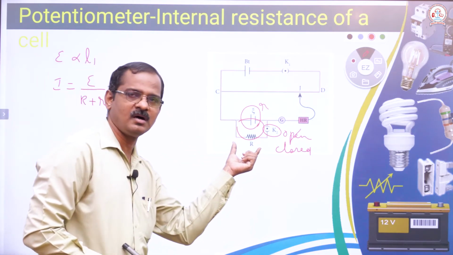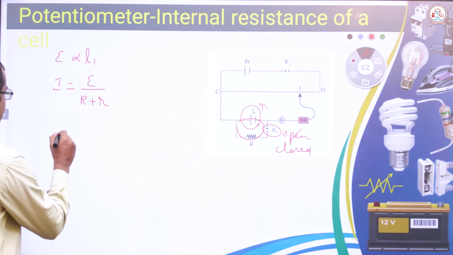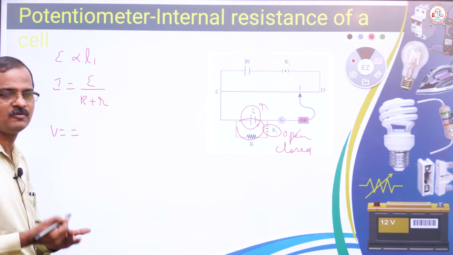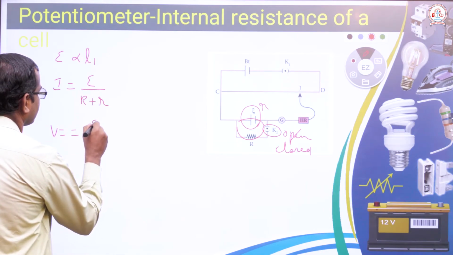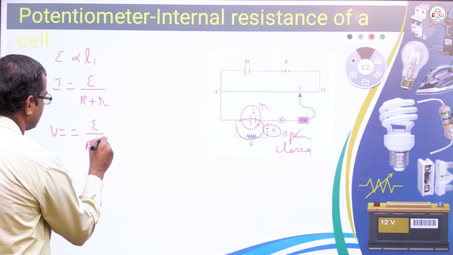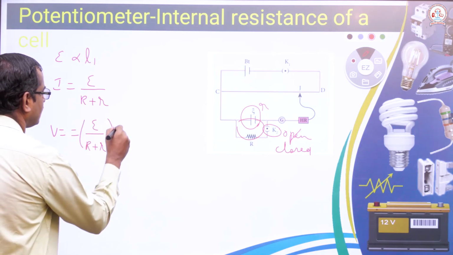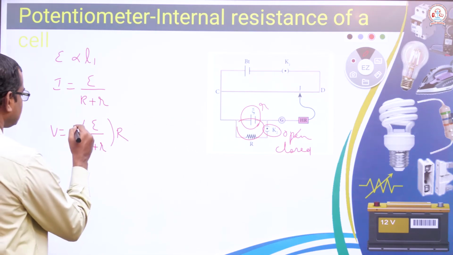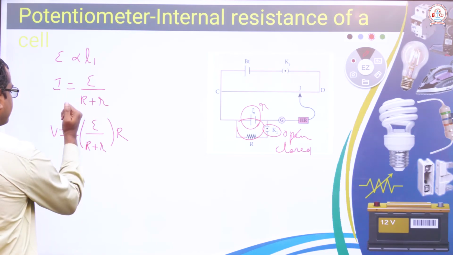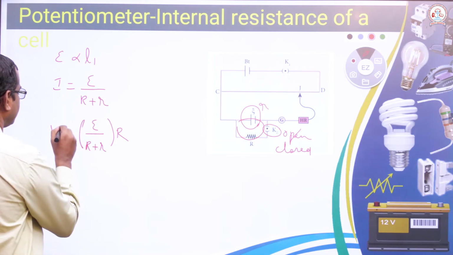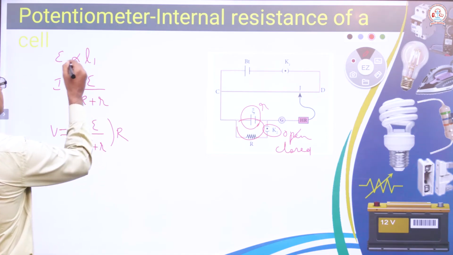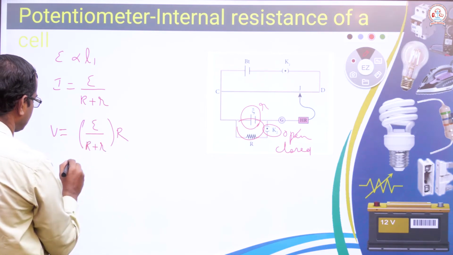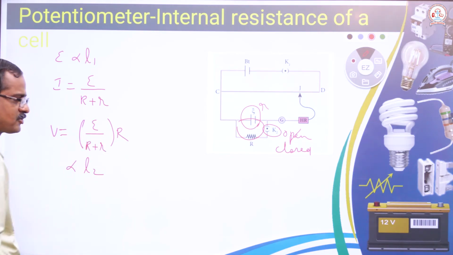Now the voltage across R, by Ohm's law, V equal to I into R. Therefore, epsilon divided by R plus r is the current value, and V equal to I into R. Just as this is directly proportional to L1, this will be directly proportional to L2.